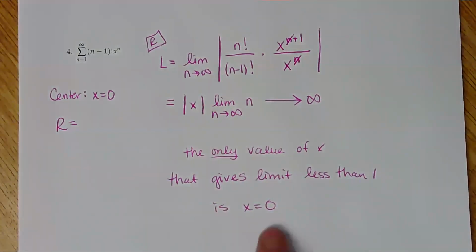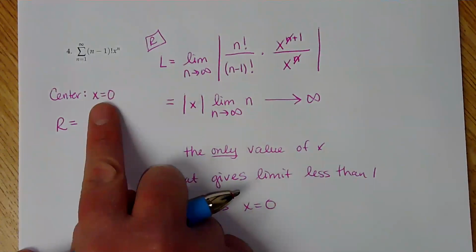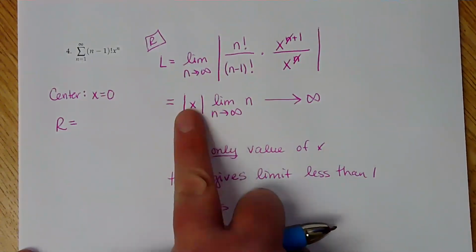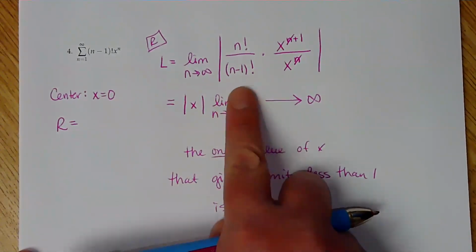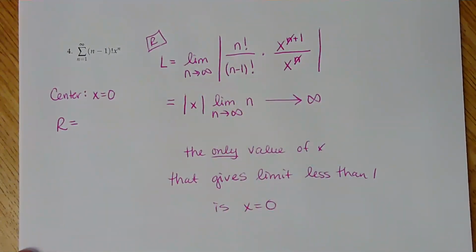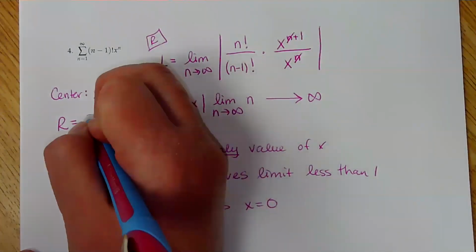If your limit goes to infinity, the only value that your power series will converge for is the value at the center. So if I plug x equals 0 in, now I have 0 times whatever's going on here. And so this is the only way I can get this to converge. So my radius is going to be 0.